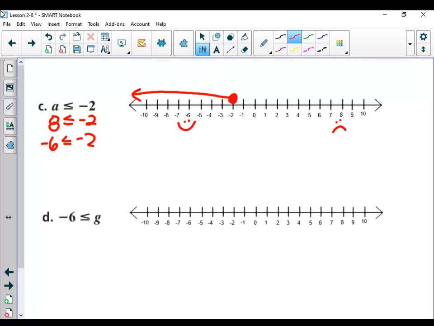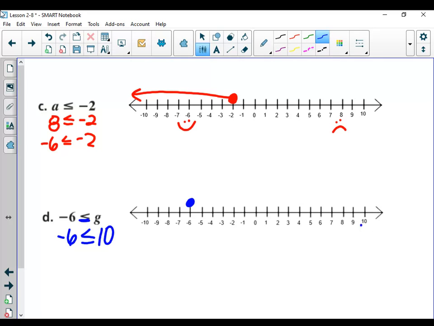If I wanted to on the fourth one, I could right away put a closed dot at -6 because of this line underneath it. No line would be an open dot. I just picked some numbers that I like. -6 is less than or equal to 10.